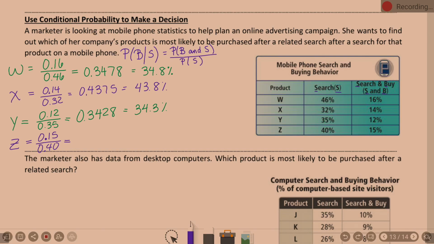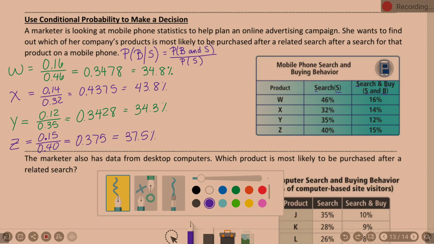What do we get here? 0.375, which becomes 37.5%.